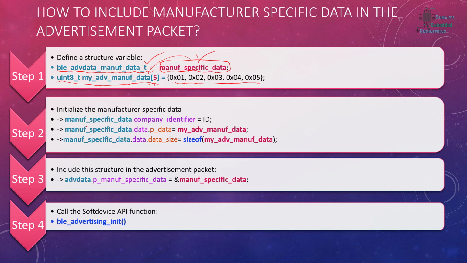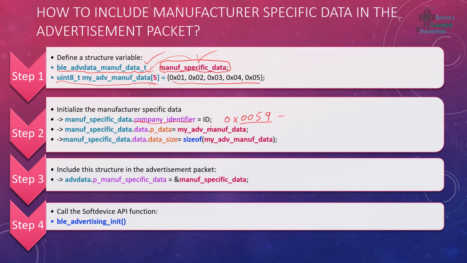The second step is we have to set the company identifier. For your information, the Nordic company identifier is 0x0059. Similarly, we have many other companies like Apple, and they also have their specific identifier.